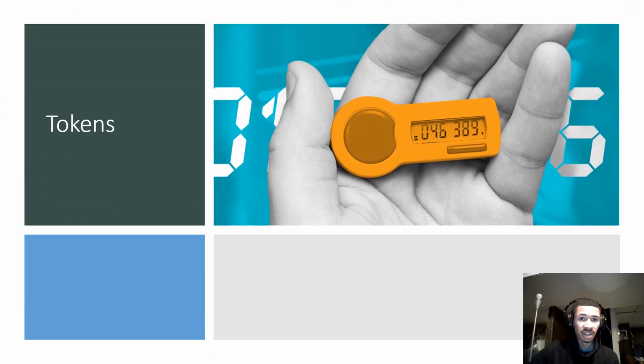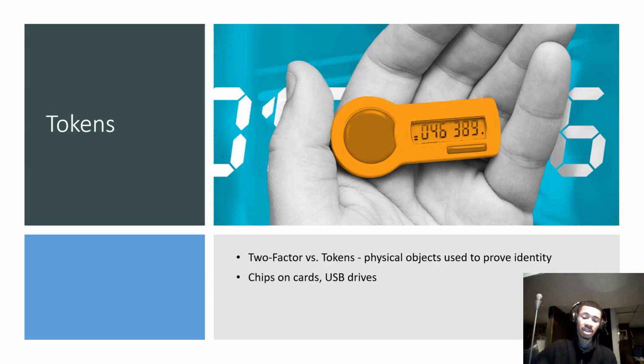The other thing that goes with that, that is like an item, is tokens. Now, tokens are a little bit different than biometrics. They're basically physical objects used to prove identity. Now, these can range from USBs to something like chips on cards. We have chips on cards now. We use those to pay for things with that chip.